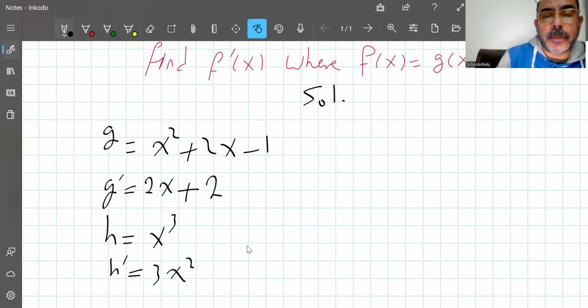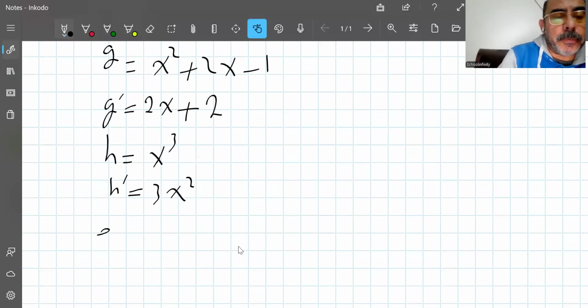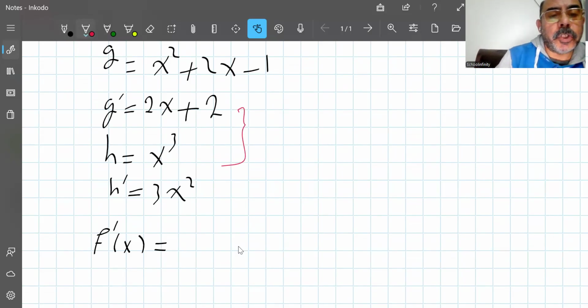Now, to get the derivative of f of x, so f prime of x equals, you just find the product of the means. So g prime times h of x.